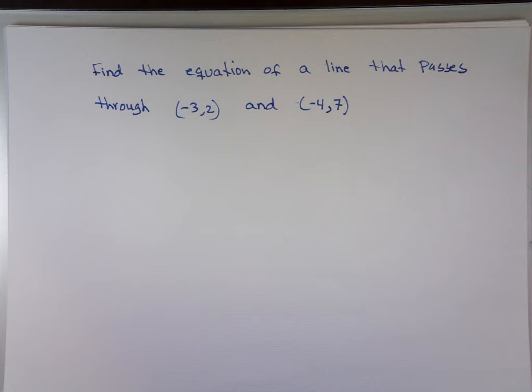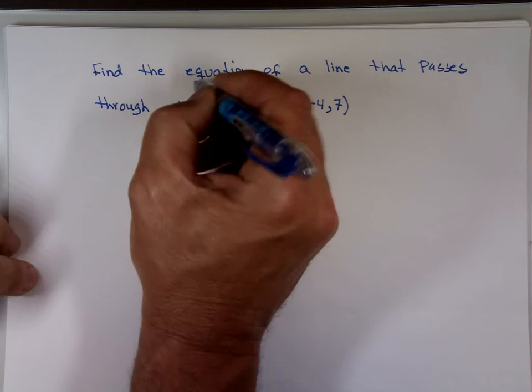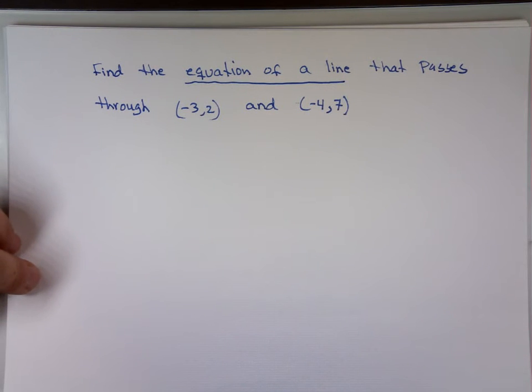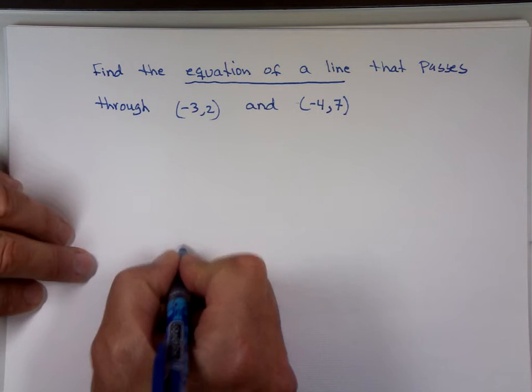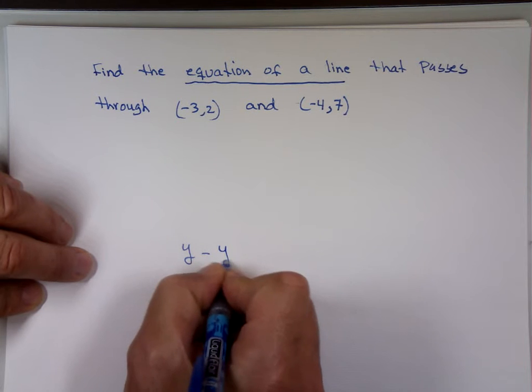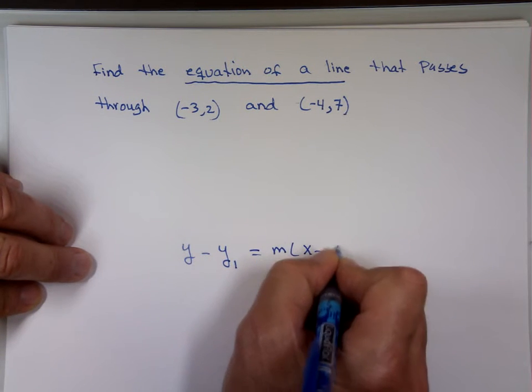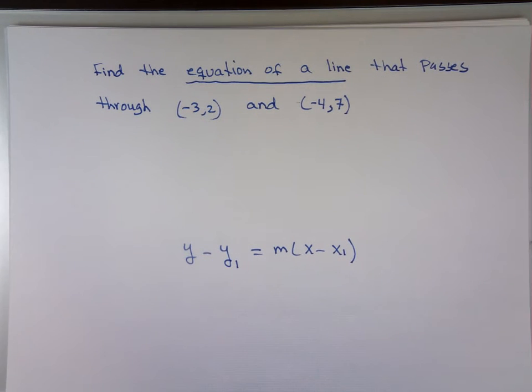It says find the equation of the line. I go, oh, I got it. I got that signal. It says when you're looking for the equation, you got to use this one. I left a space intentionally on the top. I got to use that one.